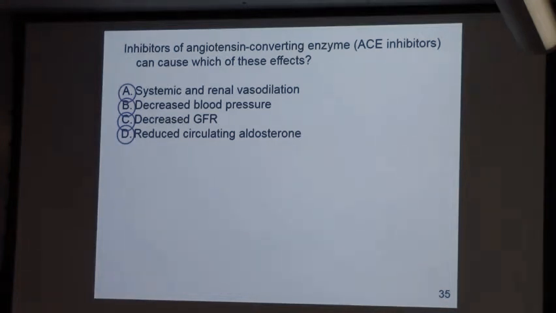Okay, let's walk through this one. Angiotensin is a vasoconstrictor. So with angiotensin converting enzyme inhibited, there is low angiotensin because it's not getting converted from angiotensin 1. Inhibiting the enzyme that produces it makes less of it, less vasoconstriction, vasodilation. That's the logical flow in that case.